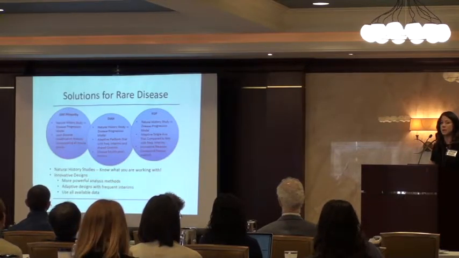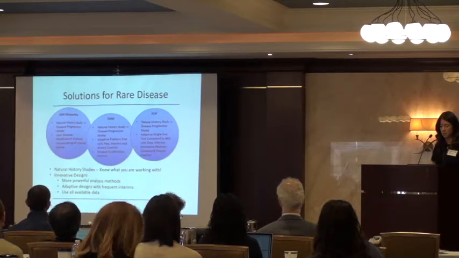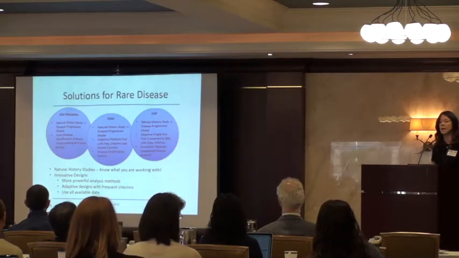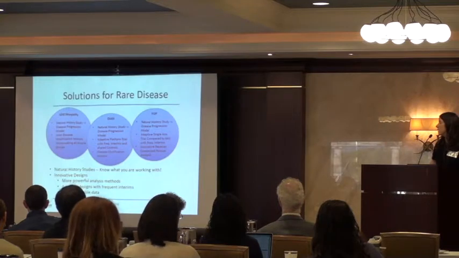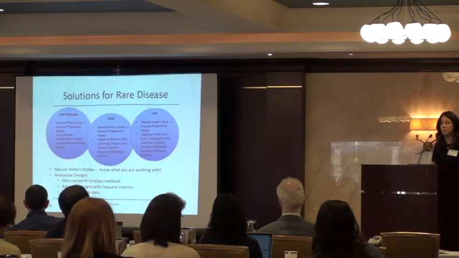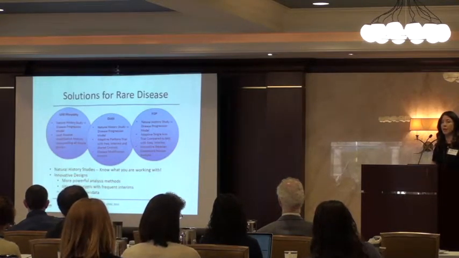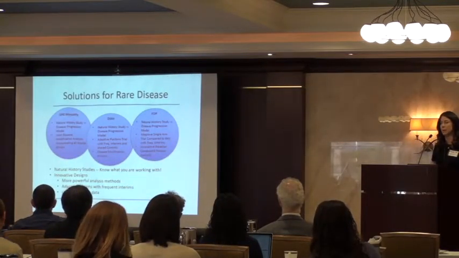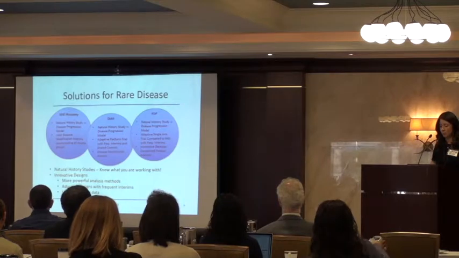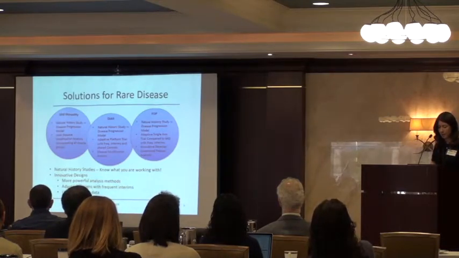And that allows us to really understand the possible endpoints, to know what we're working with here. And so in each of these, we're able to model disease progression, understand disease progression based on key clinical endpoints, and use that to appropriately design sort of evidence-based clinical trials.